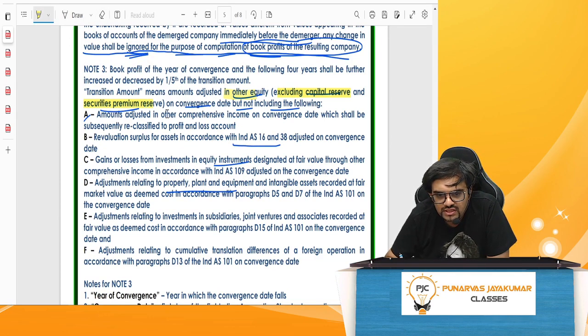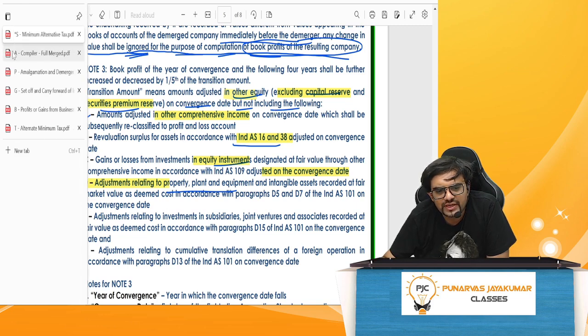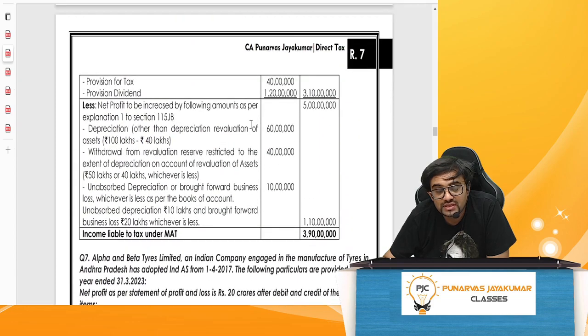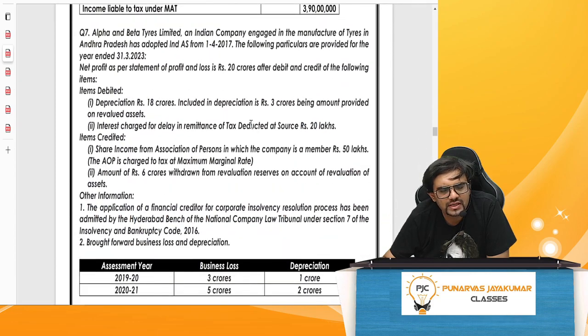One is amounts adjusted in other comprehensive income, revaluation surplus under Ind AS 38, equity instruments, property, plant, equipment, and other intangibles, all these things. Once you do a sum, you will understand. They had given it in May 2018, if I am not wrong. Come to the compiler, R7.